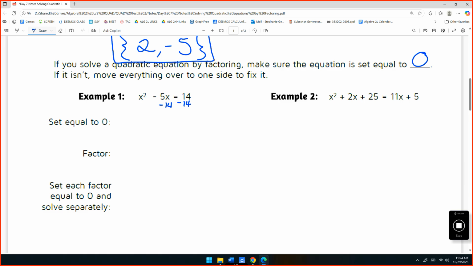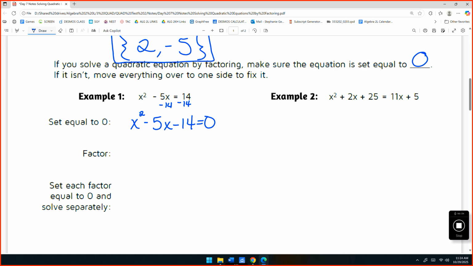We got x squared minus 5x minus 14 equals 0. I couldn't take 14 away from 5x because they're not like terms, right? We can only add and subtract from like terms. Everyone okay with how we got this right here? All right, now we factor it.